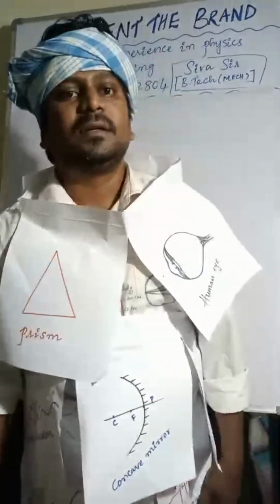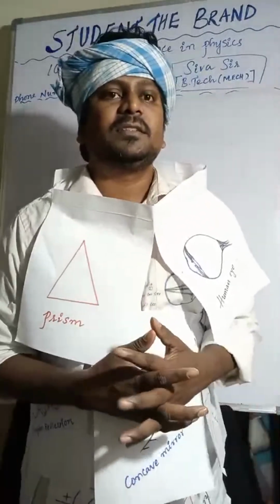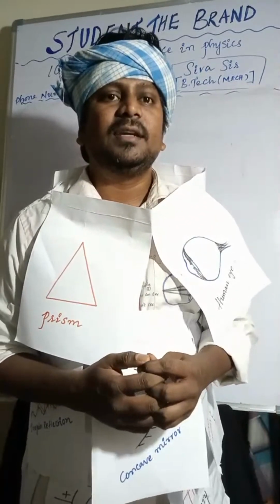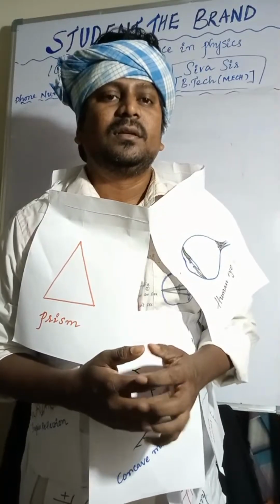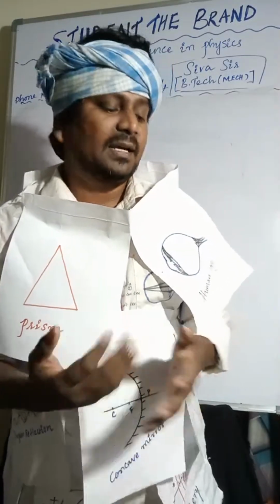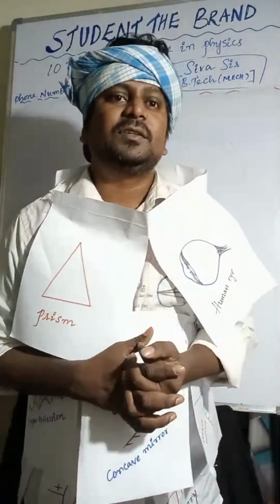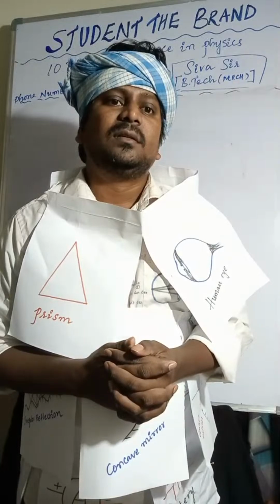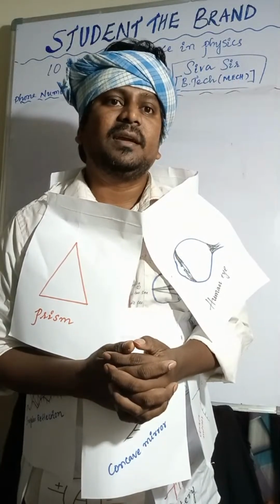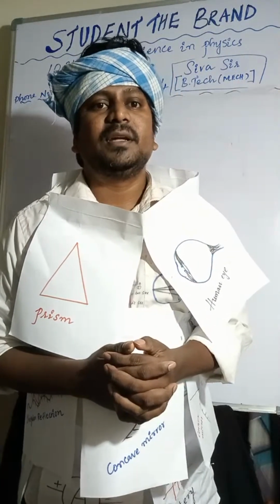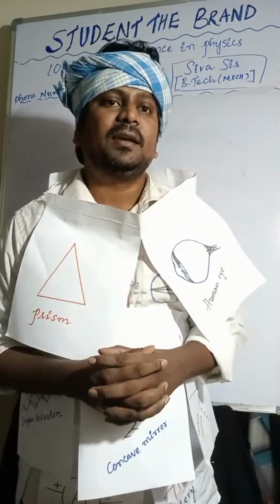In this topic, mainly we discuss the magnetic field when current is passing through a conductor: how the magnetic field will be created, in which direction it will be, and with what tool we will identify it.